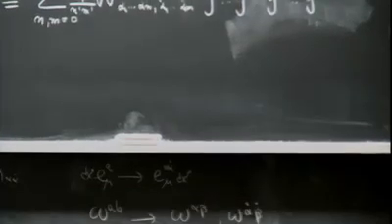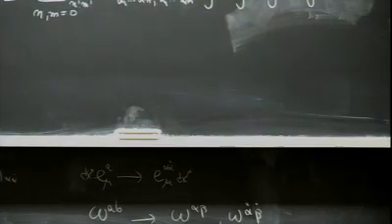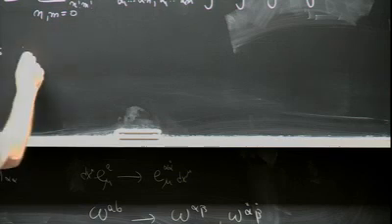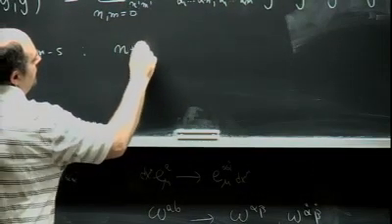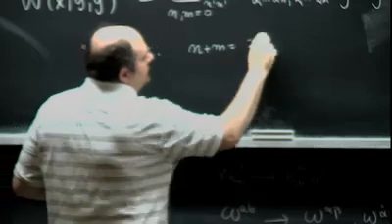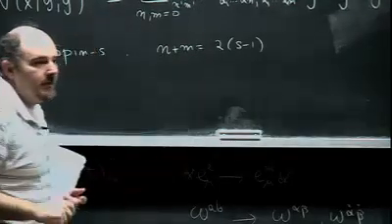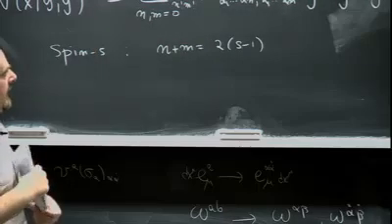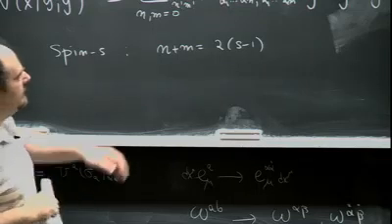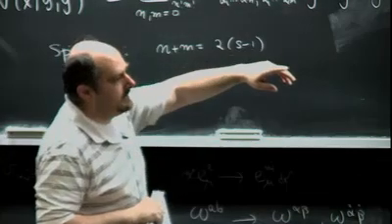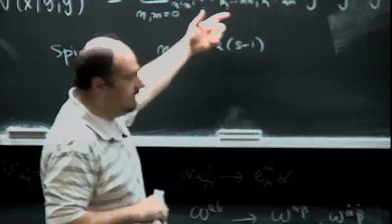So if you look there at the spin s part, the components of spin s will be the ones which have n plus m equal to 2s minus 2. When n plus m is 2s minus 2, you get all the spin s stuff in those terms.